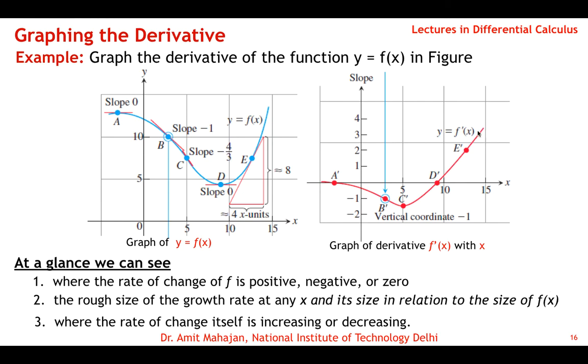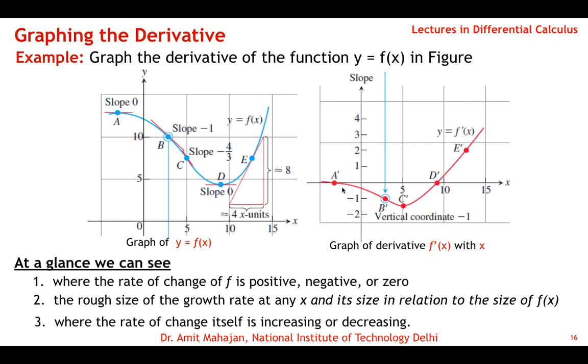So we can see where the growth rate is high and what is happening to the function there, and where the growth rate is negative and what is happening to the function there. Also, where the rate of change itself is increasing or decreasing. So if we graph the derivative function from the graph of the function, then you can utilize this method.